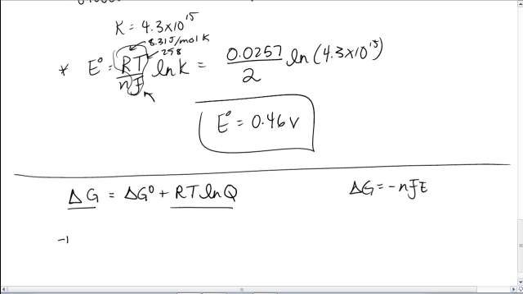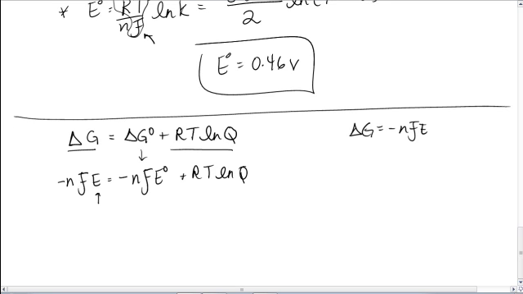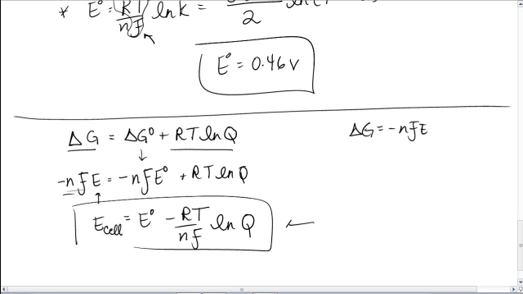So if we plug that in, negative NFE, notice this is not E naught because I'm not at standard conditions, is equal to negative NFE naught for that delta G plus RT natural log Q. If I divide to get rid of this NF and just solve for E, what we get is E for our cell, that's our battery for example, is equal to E naught minus RT over NF natural log Q. That is the Nernst equation.